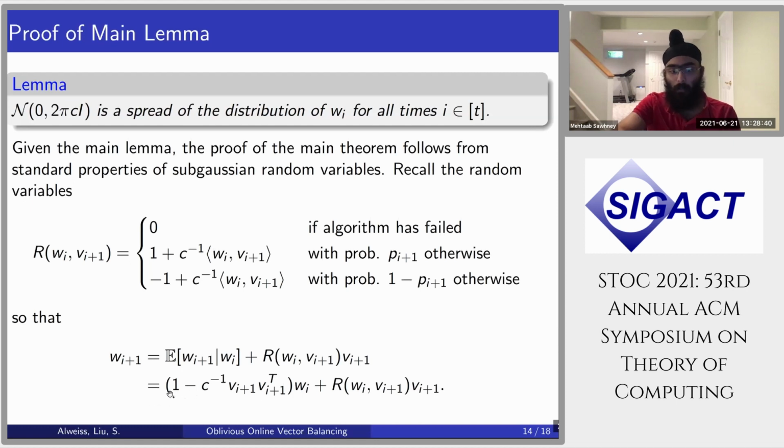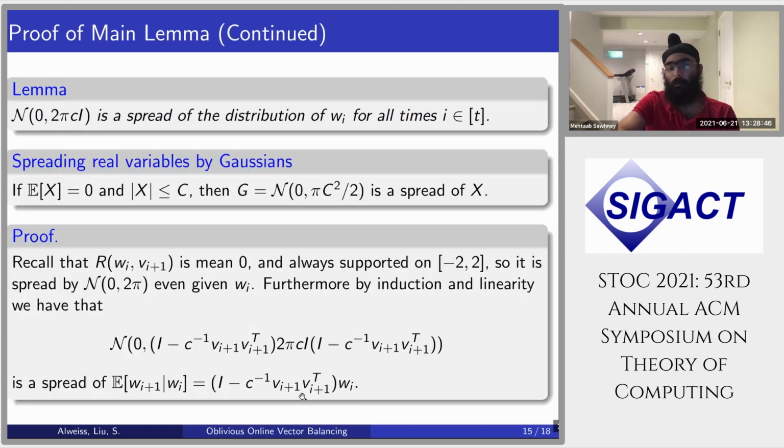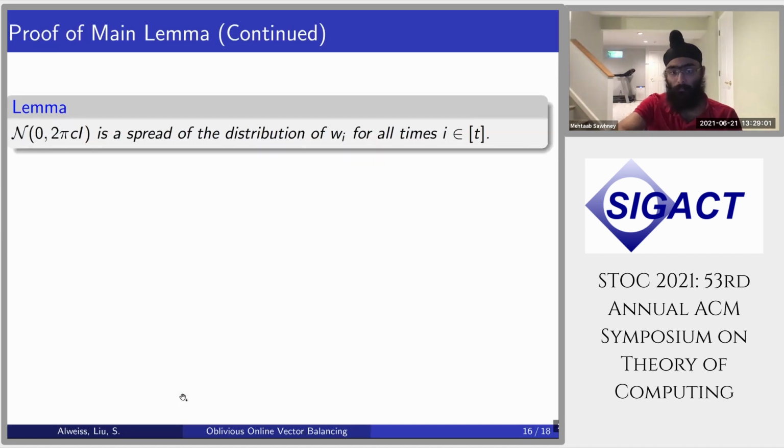So this linear combination, (I minus C inverse vi+1 transpose) times Wi, is spread by the Gaussian N(0, this ugly matrix times 2 pi c I times (I minus C inverse vi+1 transpose)). And so this is a spread of this expectation of Wi+1 given Wi.